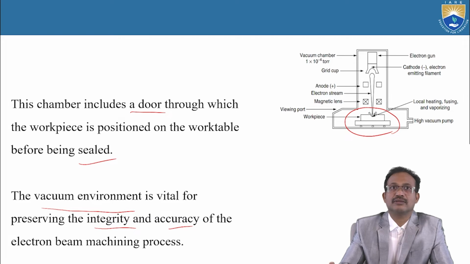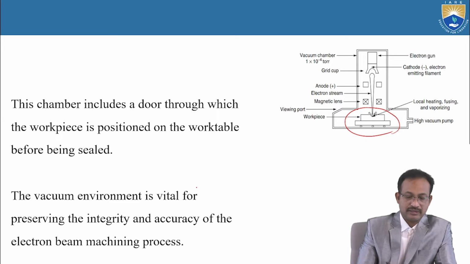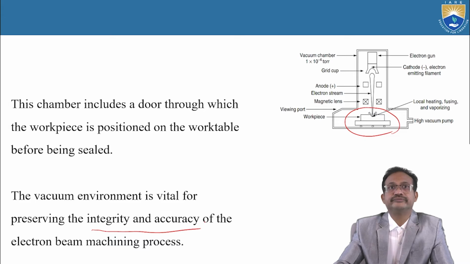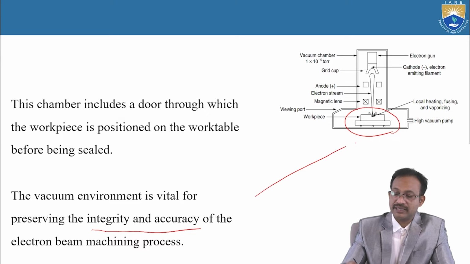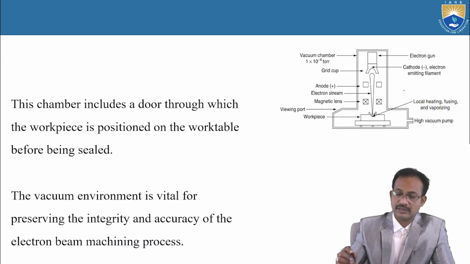So in order to have integrity and accuracy, we have to maintain a vacuum of 10 power minus 4 to 10 power minus 5 torr.